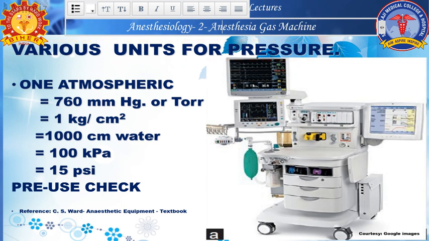So 760 millimeter of mercury, that is atmospheric pressure, is equal to 1000 centimeter of water, or 1 kg per centimeter square, or 100 kilopascals. So 1000 centimeter of water is equal to 100 kilopascals, a 10 times difference. And in psi it is equal to 15 psi.